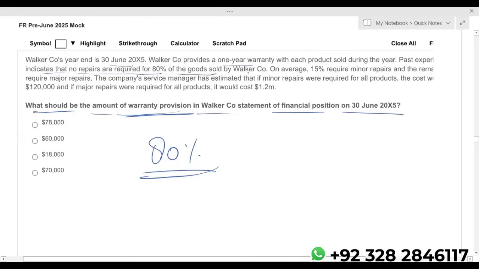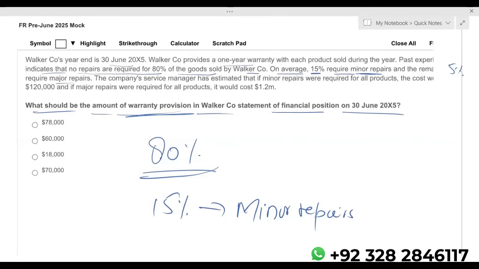Of the goods sold by Walker Company, on average 15% require minor repairs, and the remaining require major repair. Remaining means 5%, of course, because if 80% have no issue and 15% minor repairs, then 5% major.